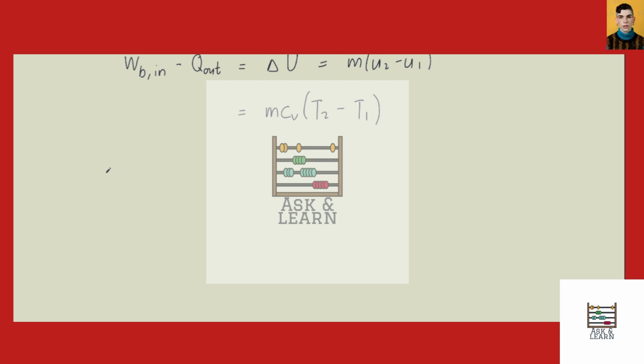We'll use the relation that P2 V2 to the power 1.3, remember this is a polytropic process, is equal to P1 V1 to the power 1.3.